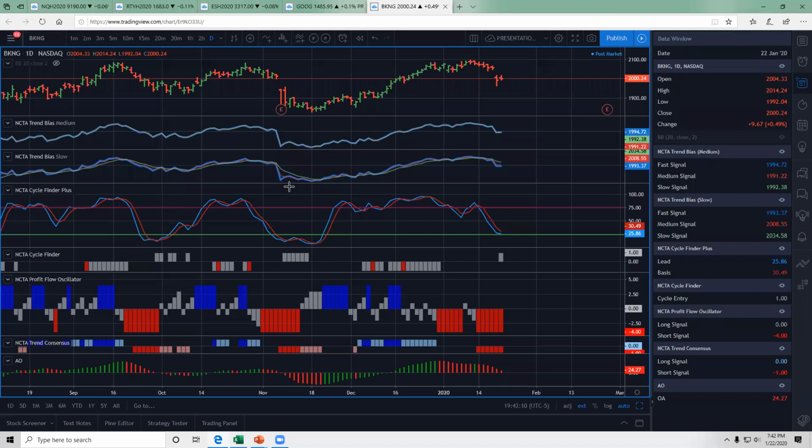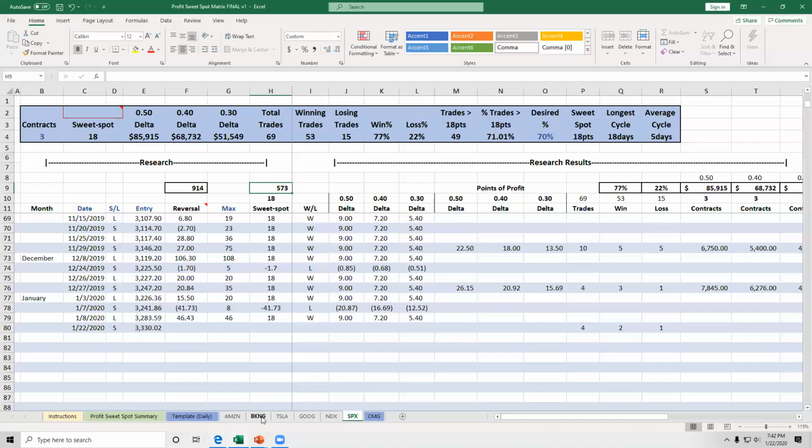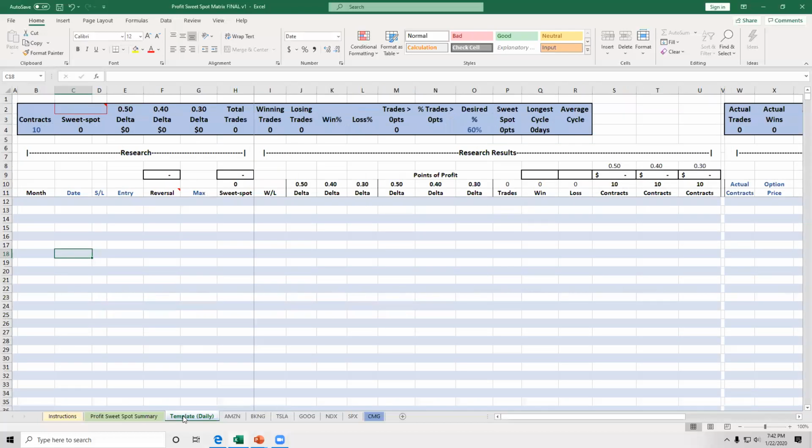So anyway, in case you can't tell, if you've not attended the masterclass, I'm super excited about the masterclass, what we're teaching, and I think the trifecta of success here is the Cycle Finder Plus as a primary tool, the PSSM, the Profit Sweet Spot Matrix. That tool gives us not only built-in historical analysis on 4 stocks and 2 indexes, but you've got a template here where you can start doing your own research on any stock you want, and you can go back as far as you want.